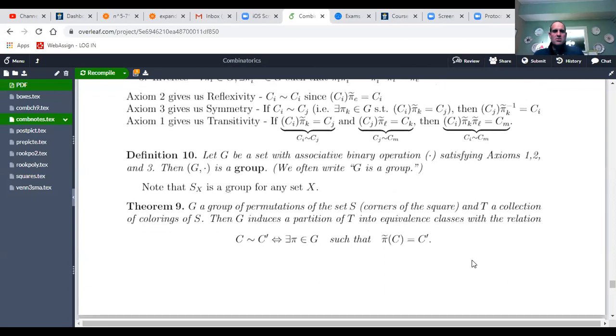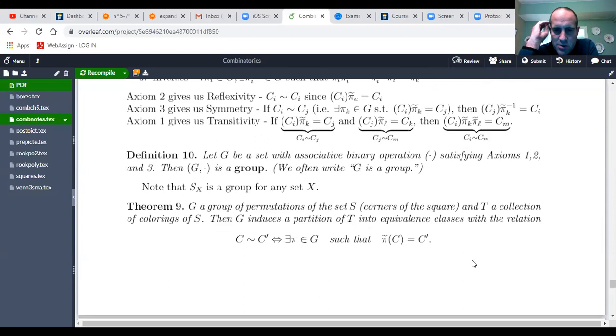All right, so this is kind of our first little theorem that I want to talk about, okay? If G is a group of permutations of the set S, okay, so the set S could be corners of the square, and T a collection of colorings of S. So, okay, so T are the colorings, and S are the corners, okay?